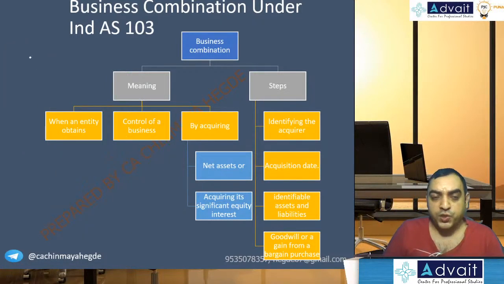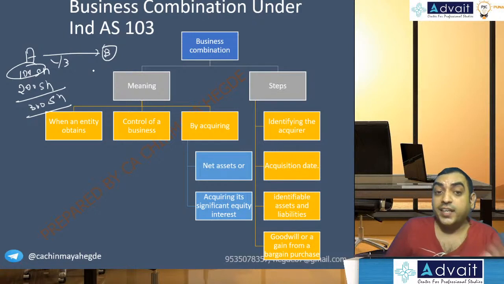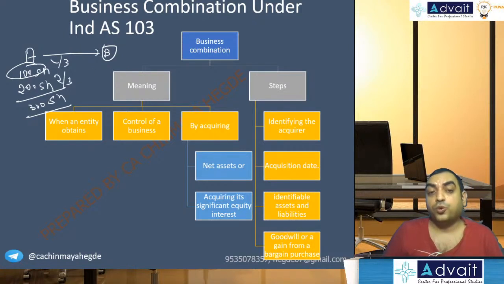Now, one more situation you should understand. Company A has 100 shares. They acquired B, and for that they issued 200 shares. So totally after the merger there are 300 shares. So what will A's position after the merger be? Only 1/3. What about B's shareholders? Once they join A company, they become 2/3.